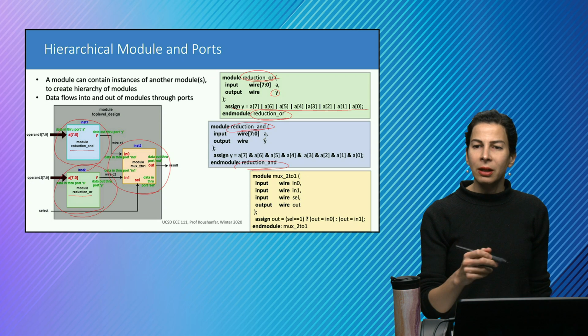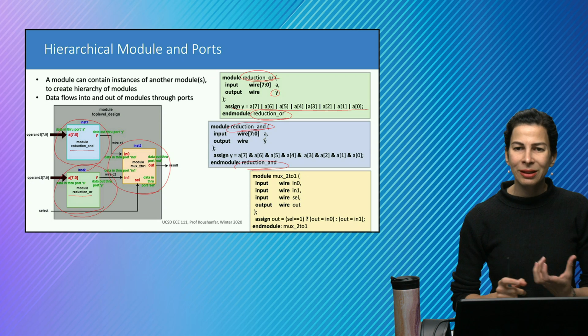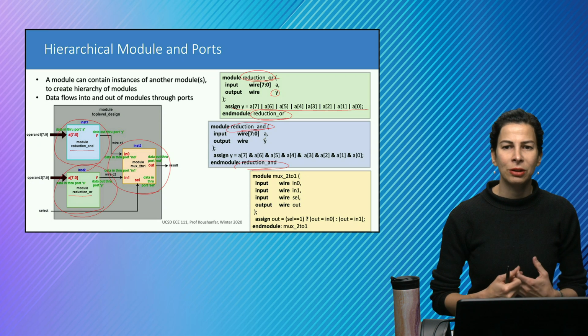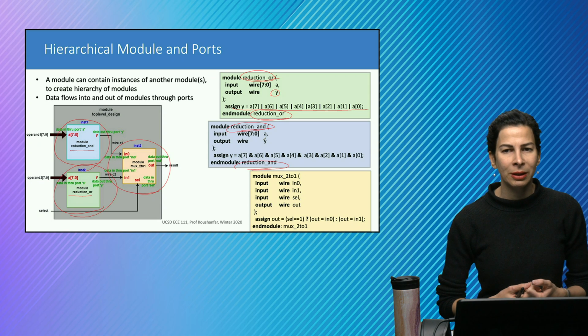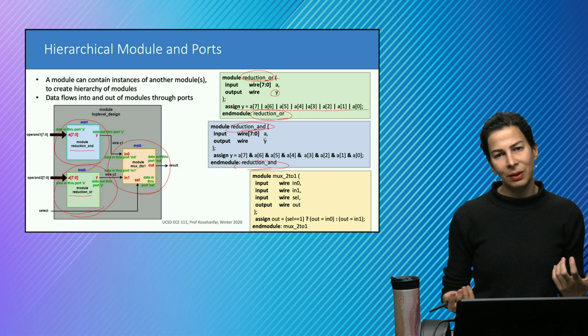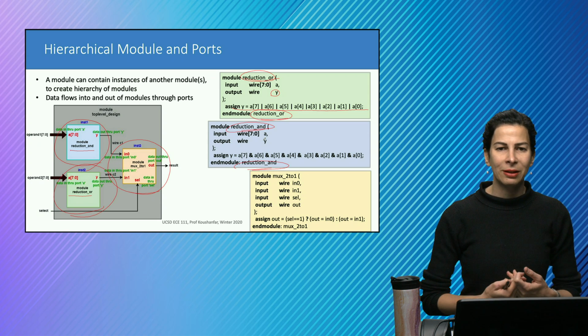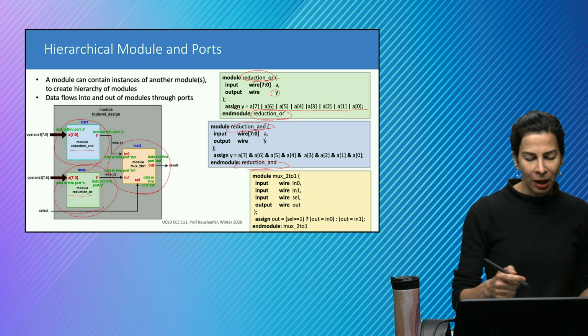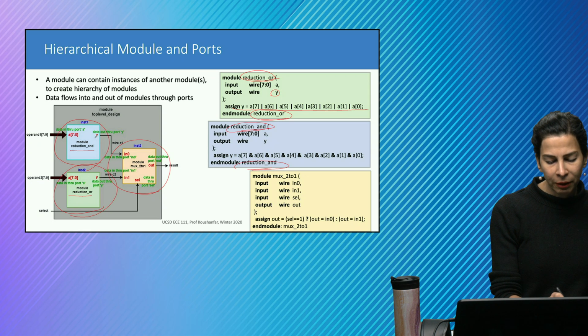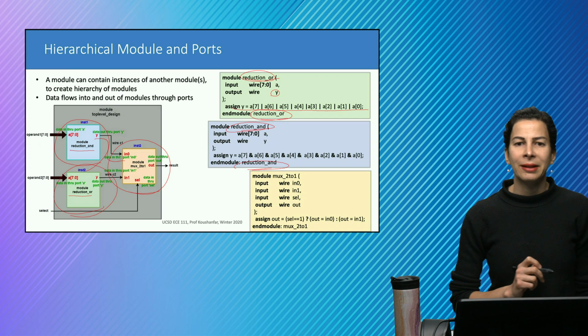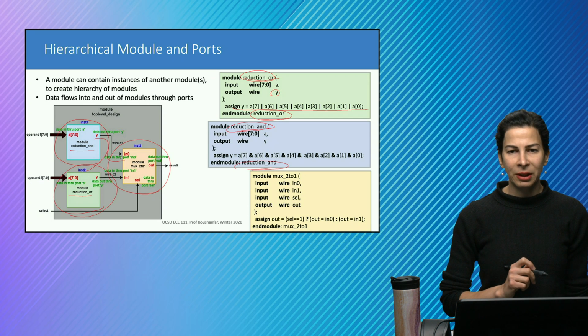Here we have to be careful, and we will be discussing interfaces and how to interface modules and handshake between them. But of course, the easiest form is just to make sure that whatever needs to come out of this module and is going to the other module is properly connected.